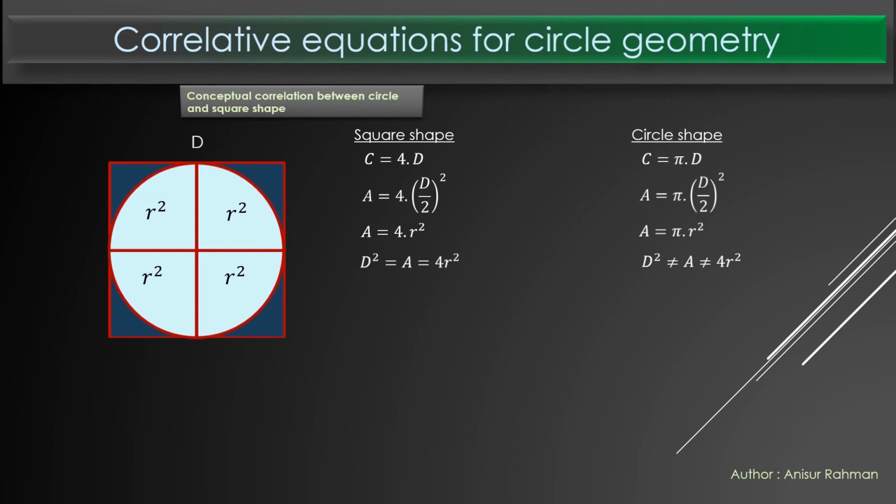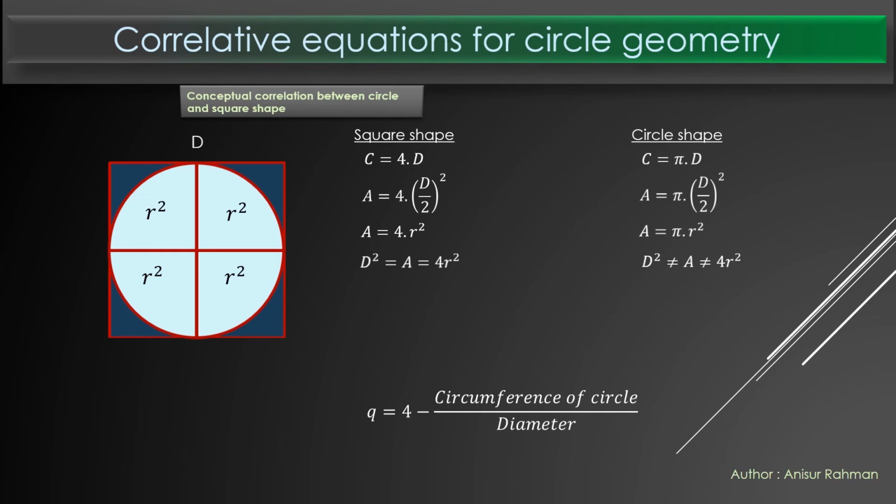In this condition, we find an alternative coefficient q from the remaining corner space of the square shape, which is just a correlative coefficient for pi and 4, where q is equal to 4 minus the circumference of the circle over the diameter.